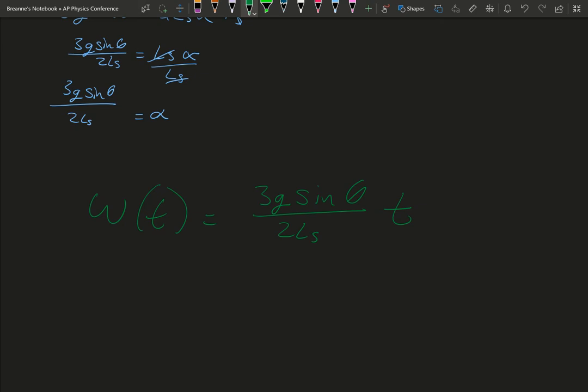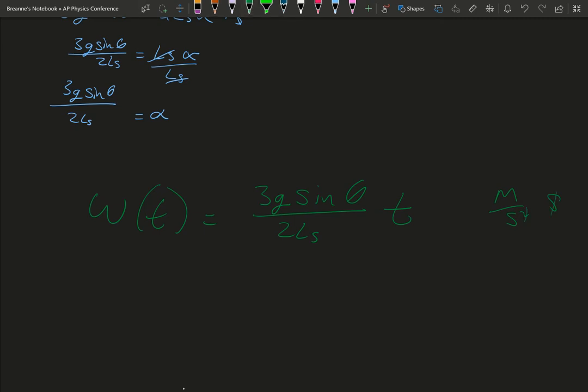So if this is your acceleration, you can just multiply it by t to get your velocity, which in theory kind of makes sense, because if you think about just meters per second squared and you're multiplying by time, that does cancel, so that's what they're trying to say.